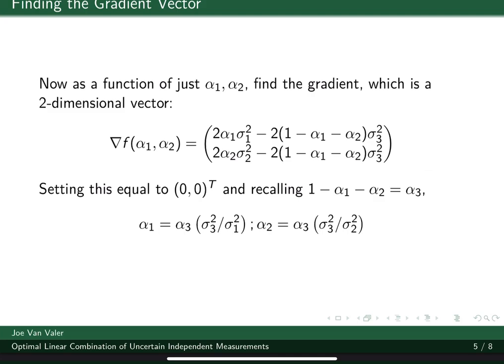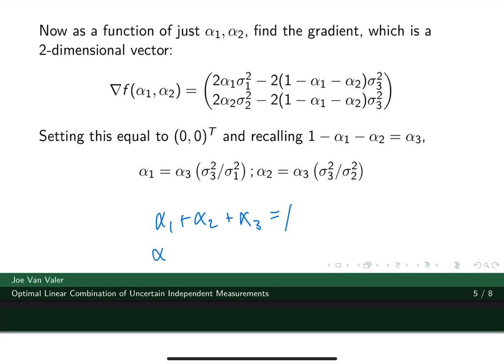Now setting this equal to 0 and solving algebraically, we can get alpha 1 in terms of alpha 3 times this constant, and then alpha 2 in terms of alpha 3 times this constant. And then because we know that alpha 1 plus alpha 2 plus alpha 3 equals 1, now we have basically alpha 3 times this constant, sigma 3 squared over sigma 1 squared, plus alpha 3 times sigma 3 squared over sigma 2 squared, plus alpha 3 equals 1.